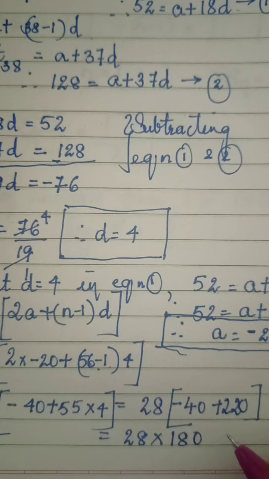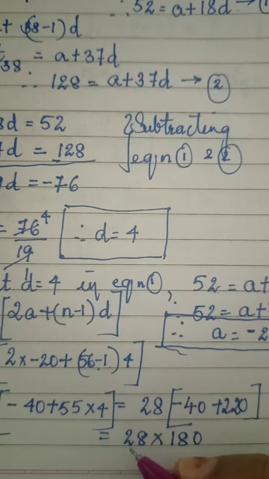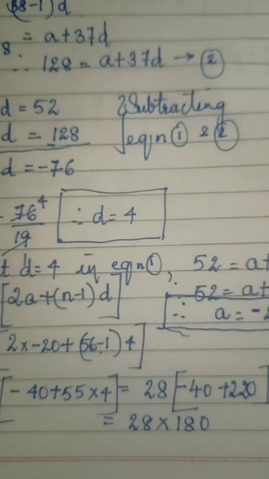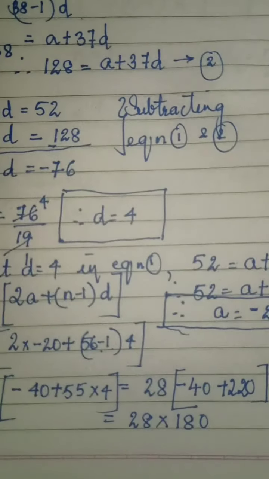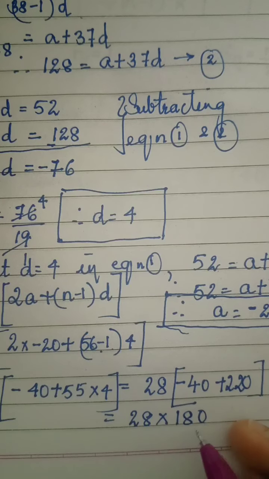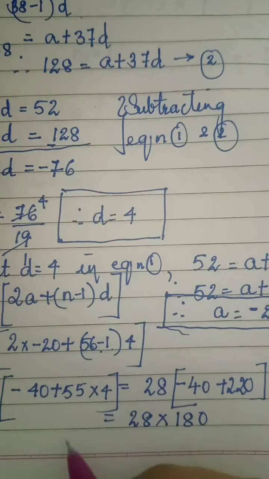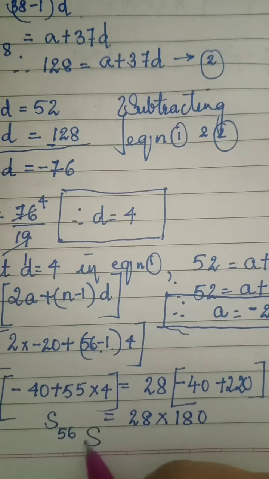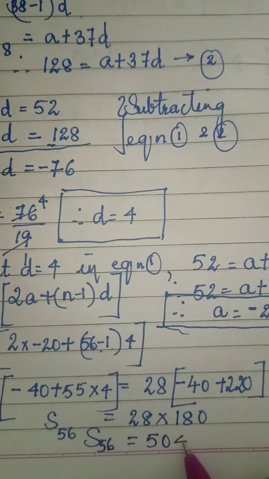Correct, no children? 28 into 180. Multiply and get the answer. When you multiply 28 into 180, you are getting the sum, that is S 56, sum of 56 terms, as 5040. So this is the answer.